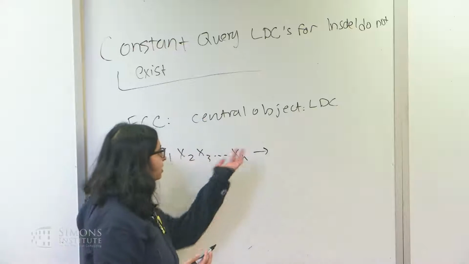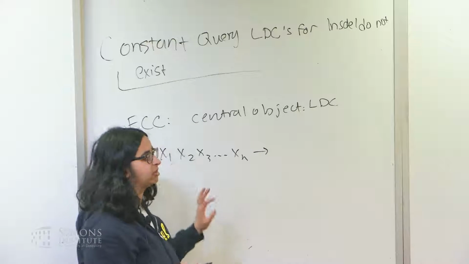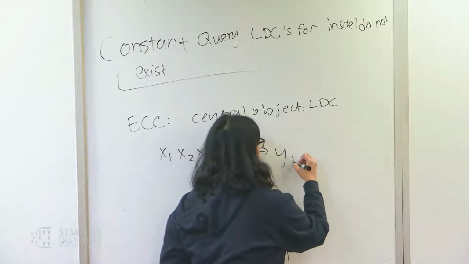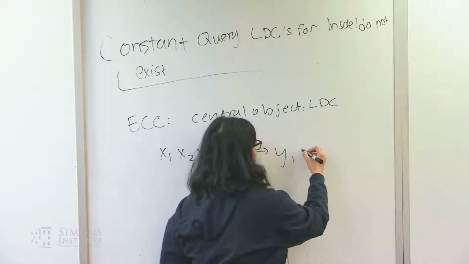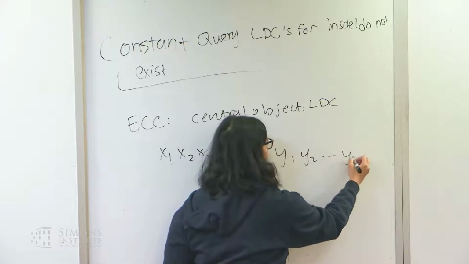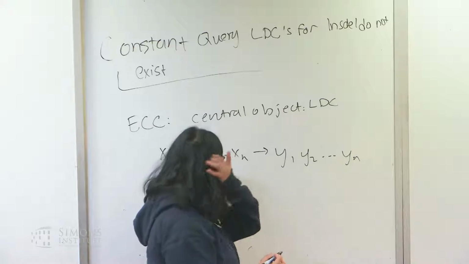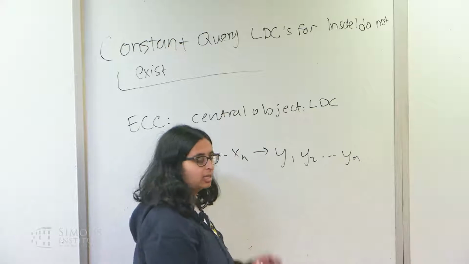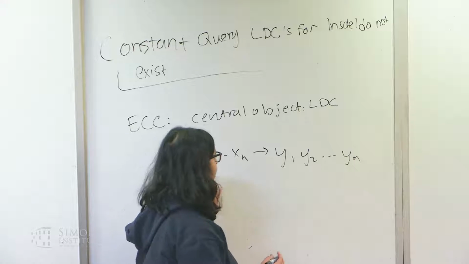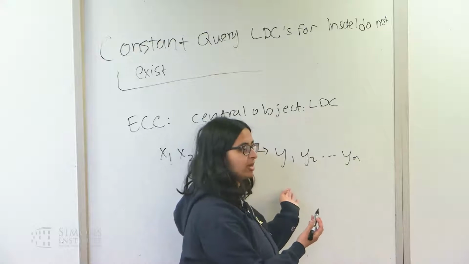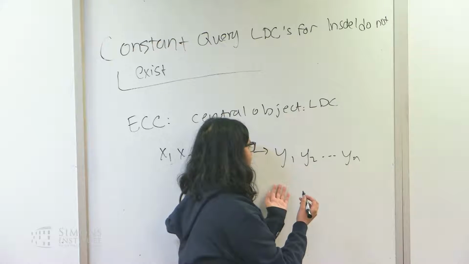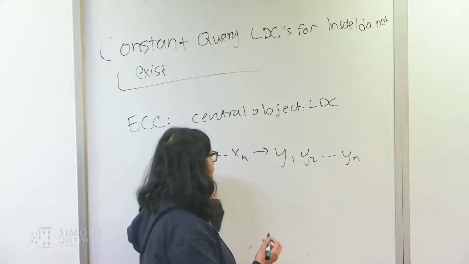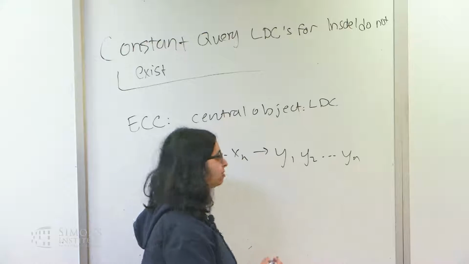So the goal of an LDC is to be a special type of error correcting code that satisfies the following property. First, as usual, we take our message and we encode it into a code word. But we also additionally want to satisfy the property that if we want to recover any single index x_i, we can make some randomized queries to the code word and figure out that index x_i without querying the entire message.